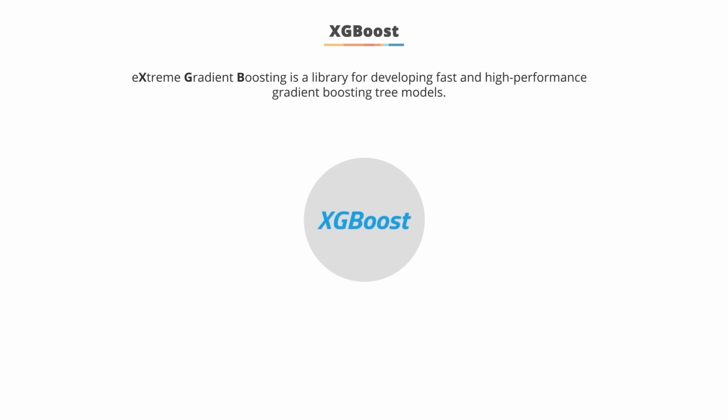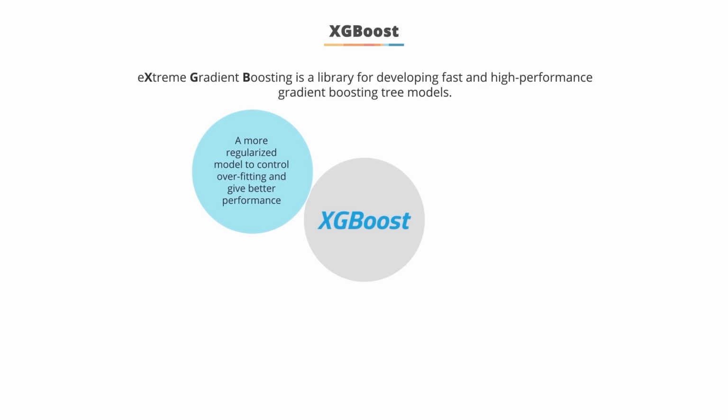XGBoost. Let's understand extreme gradient boosting. It is a library for developing fast and high-performance gradient boosting tree models. XGBoost is one of the implementations of the gradient boosting concept. But what makes it unique is that it uses a more regularized model formulation to control overfitting, which gives it better performance.